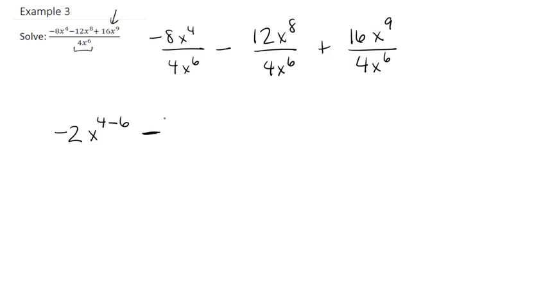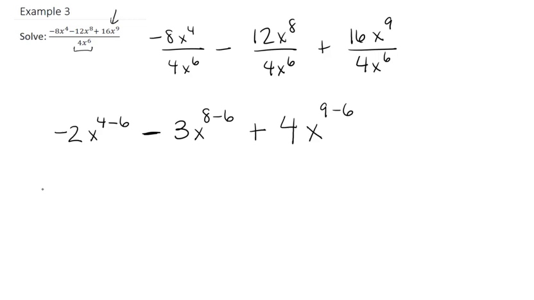Next we have this minus sign we want to make sure we keep. Now we have 12 divided by 4, which is 3. Then we have x to the 8th. And then we need to go ahead and subtract the bottom, which is minus 6. Then we have plus. We have 16 divided by 4, which is equal to 4. Then we have x to the 9th, and we need to go ahead and subtract that 6.